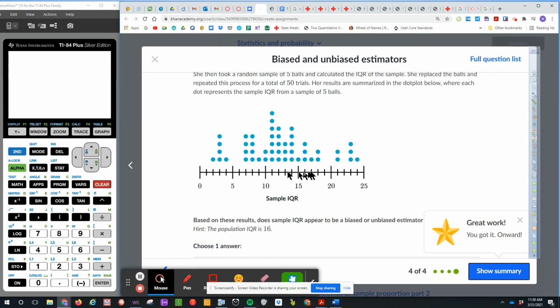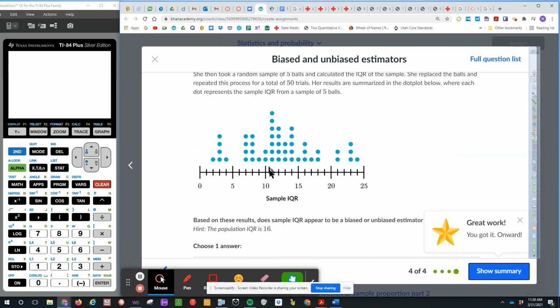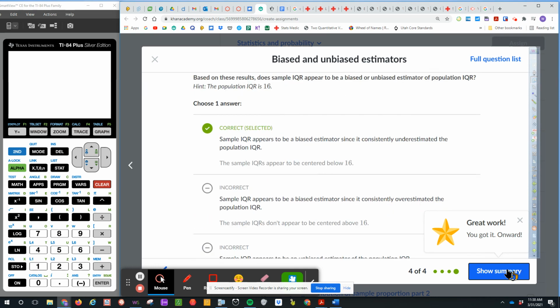The mean is about 11, but they tell us that the population IQR is 16. Here, the mean of the sampling distribution of the sample IQR is about 11. 11 is not close to 16. And because 11 is less than 16, we say that it's a biased estimator, and it consistently underestimates.